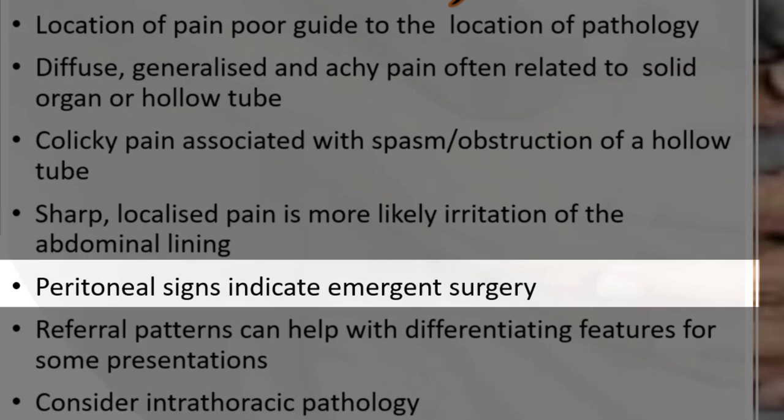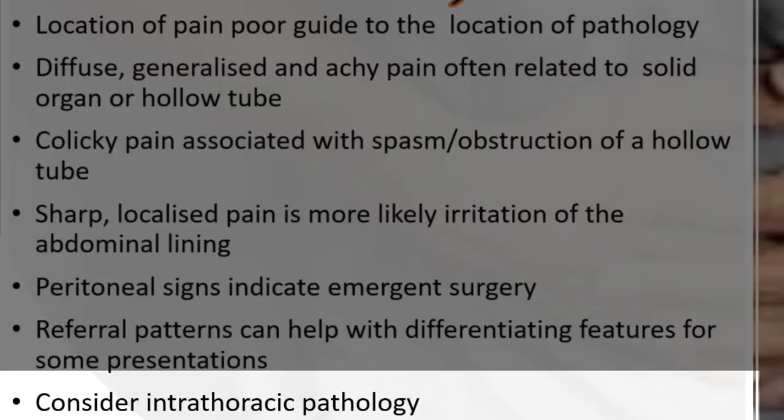Sometimes it's associated with abdominal rigidity or involuntary guarding, and often these patients will require emergent surgery. And finally, some intrathoracic pathology can cause abdominal pain, and thus the not to be missed diagnosis for epigastric pain is always going to include acute cardiac syndromes or perhaps a dissecting aortic aneurysm. Upper quadrant pain is sometimes caused by pneumonias.